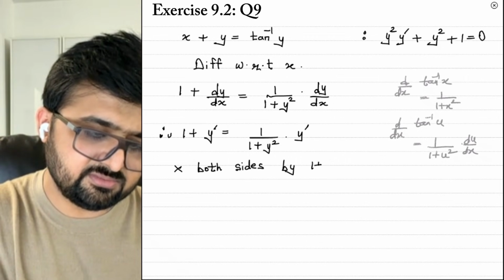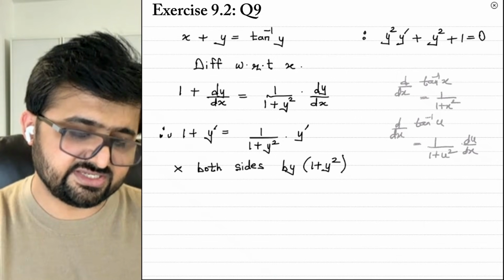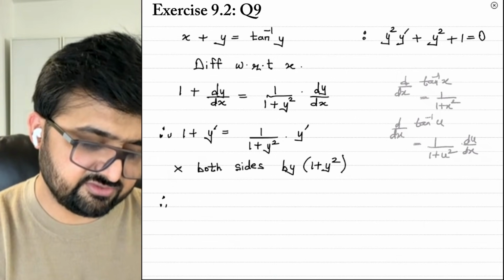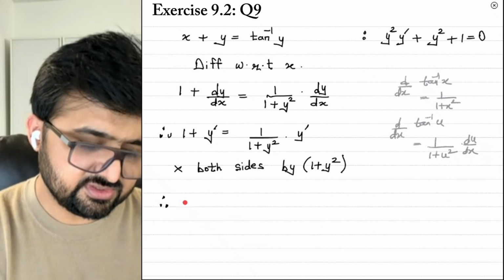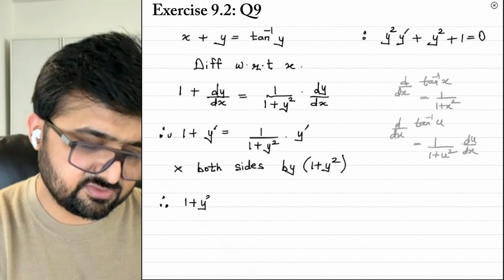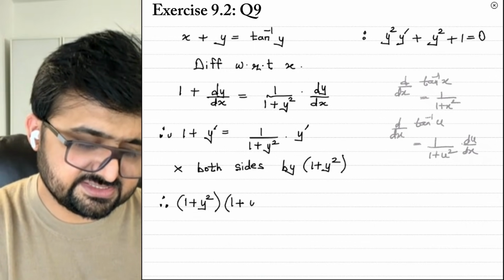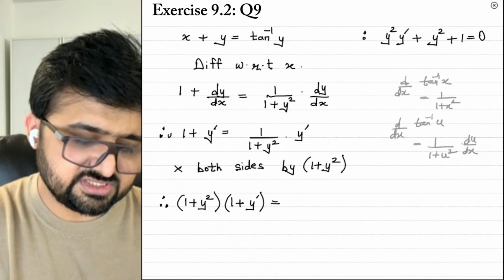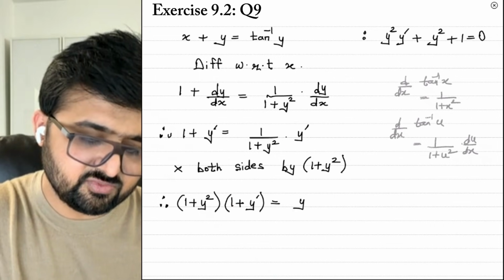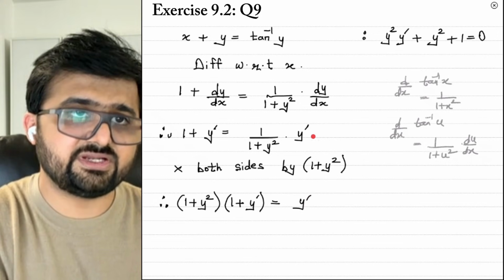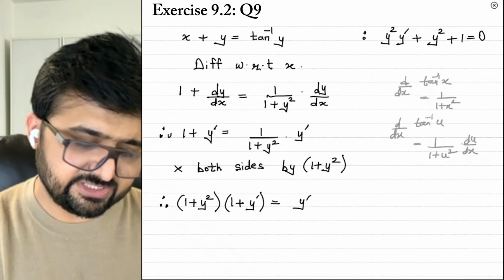So we get 1 plus y square multiplied by 1 plus y dash is equal to, if you multiply this by 1 plus y square, we get y dash, because 1 plus y square and 1 plus y square will get cancelled. Okay, I hope that makes sense.